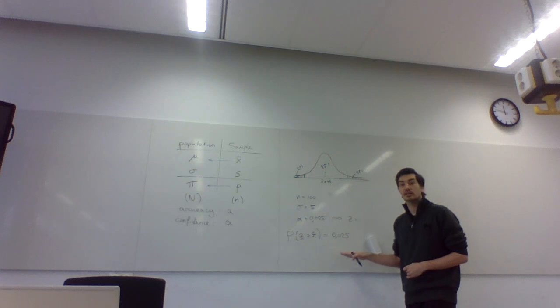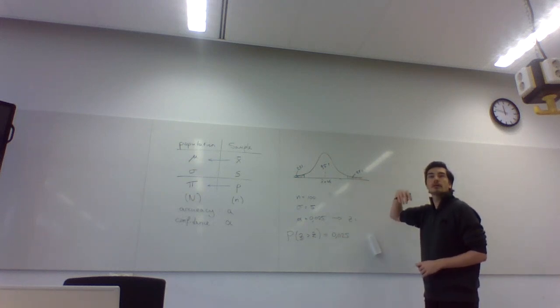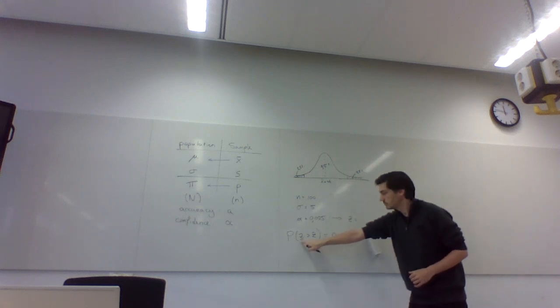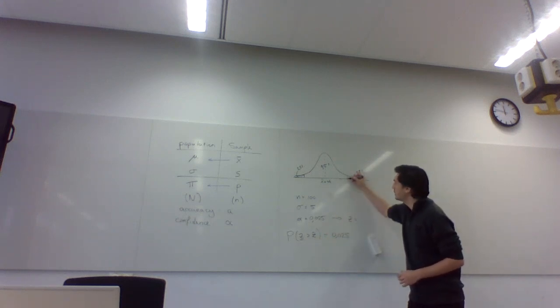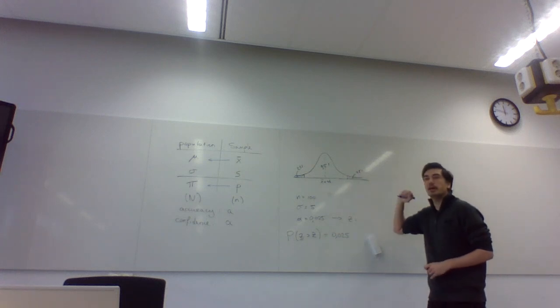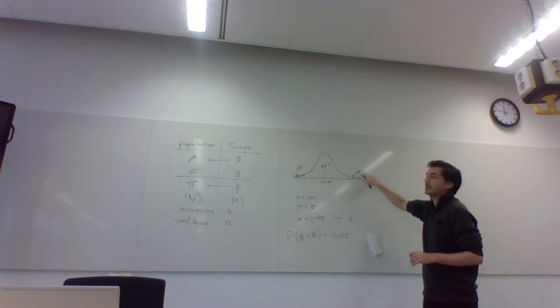So we want our data point, this one, to be bigger than the cutoff value, which is there, and the probability for that happening is exactly 2.5% by construction.